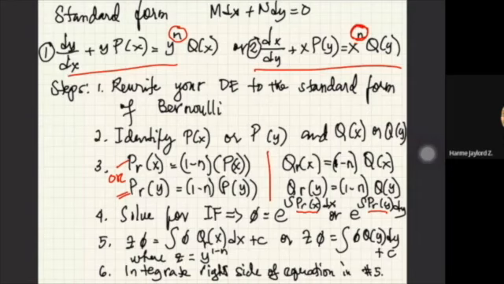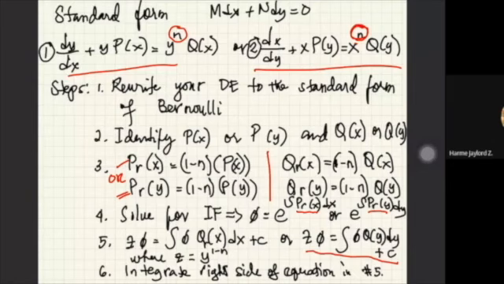Or if your x is the dependent variable, then you use this one, where z is y raised to 1 minus n. And finally, integrate the right side of the equation in item 5. And that would be your answer, class.